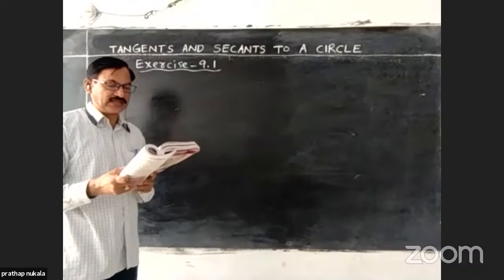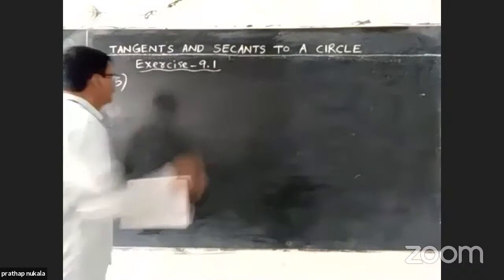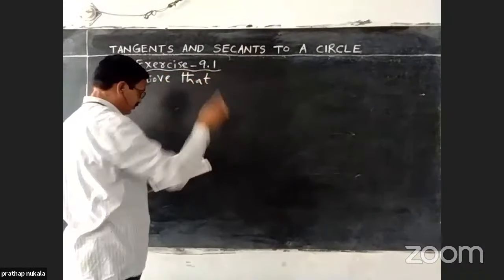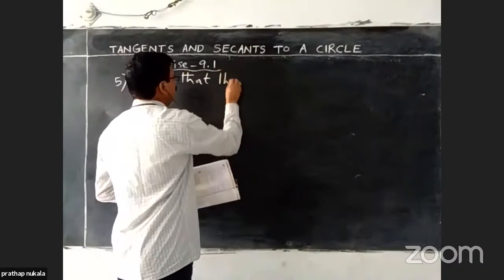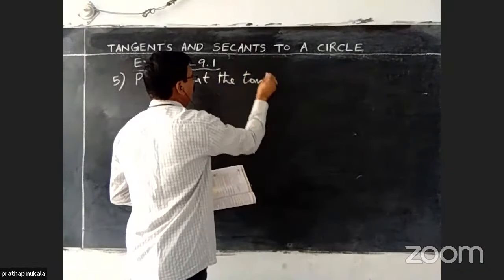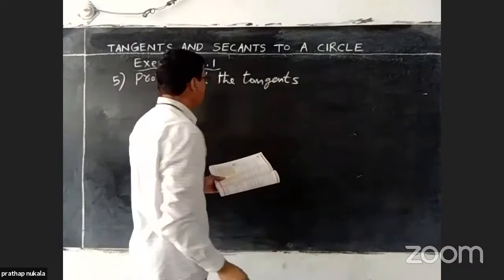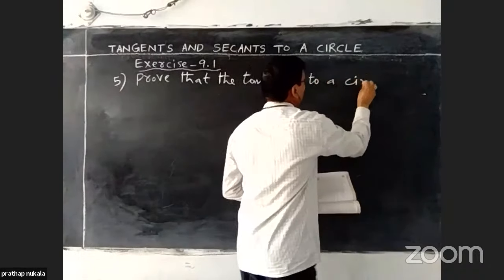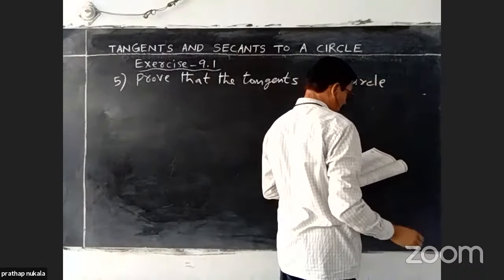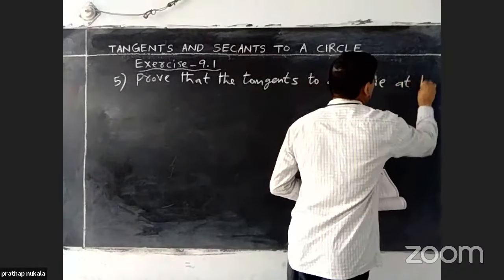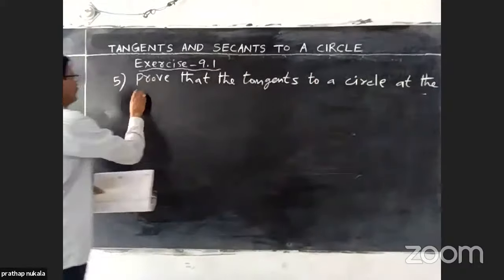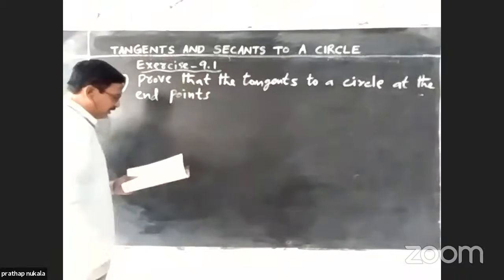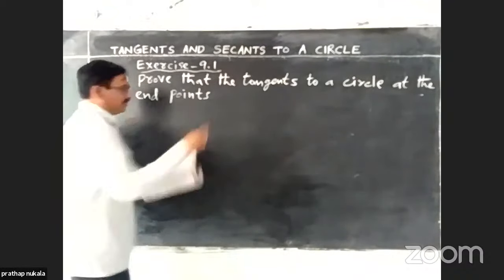Prove that the tangents to a circle at the end points of a diameter are parallel. I am writing the problem also. Prove that the tangents to a circle at the end points of a diameter are parallel.